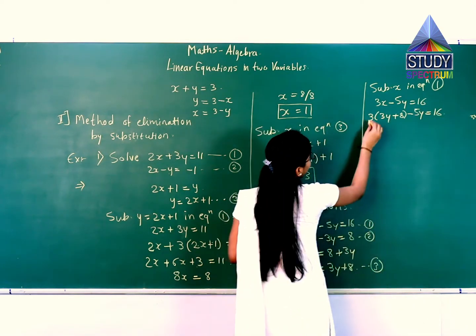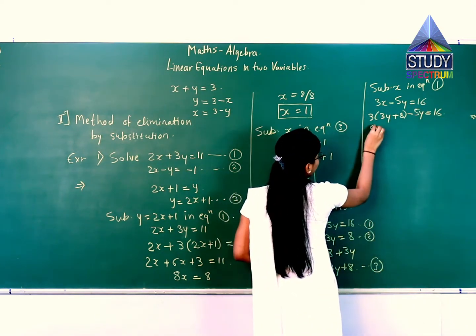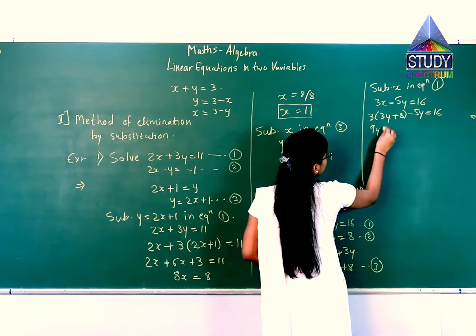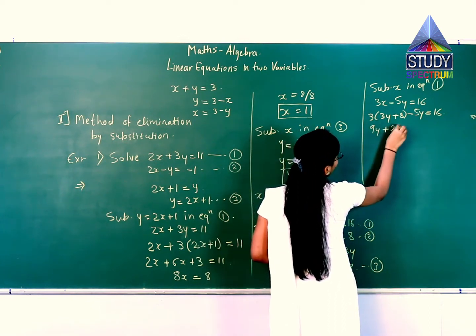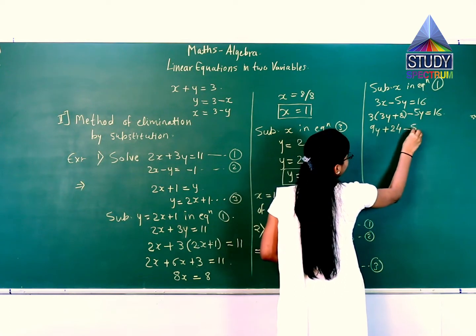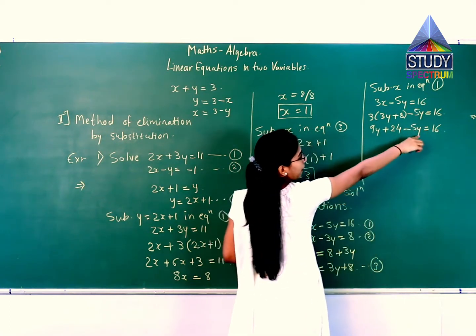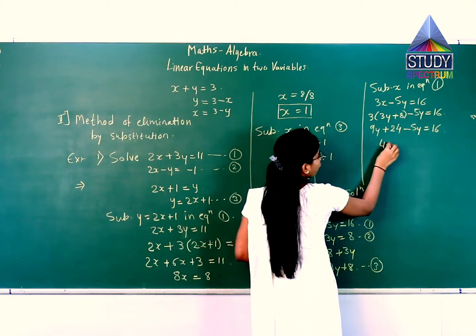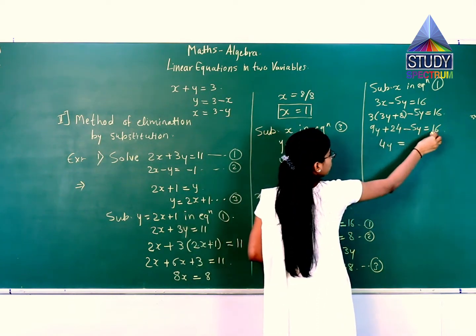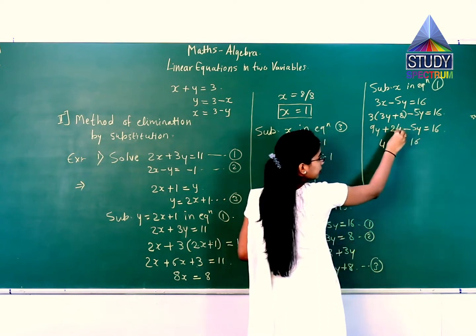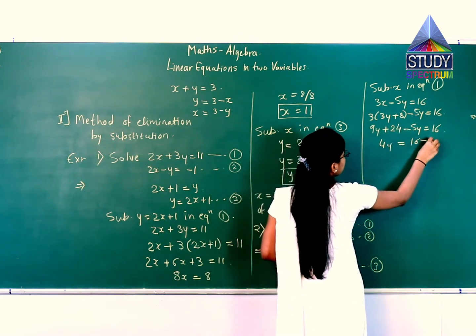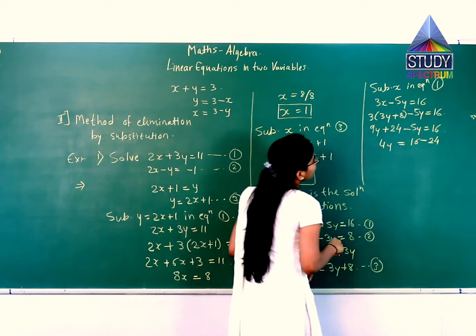So multiply the bracket with 3. 3 3s are 9y plus 8 3s are 24 minus 5y is equal to 16. So 9y minus 5y, so 4y is equal to 16 as it is. This plus 24 will get subtracted on the right hand side.